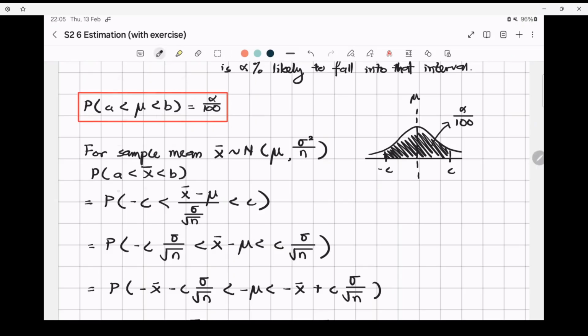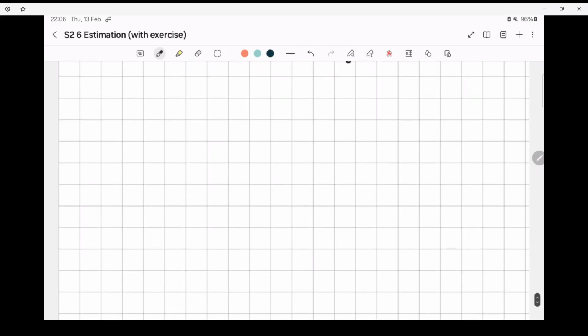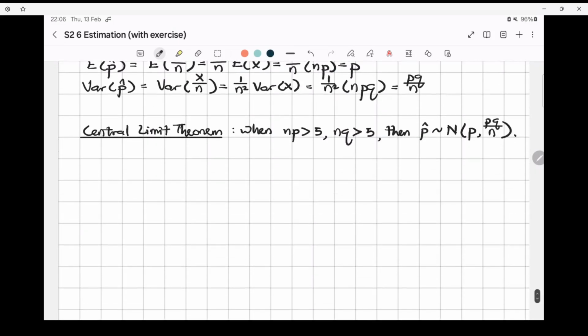Now, instead of sigma divided by square root n, this is the square root of pq divided by n, and the mean becomes p. Then you do all the same procedure, and in the end you will arrive at a very similar formula. I won't bother to derive it because the procedure is basically the same.